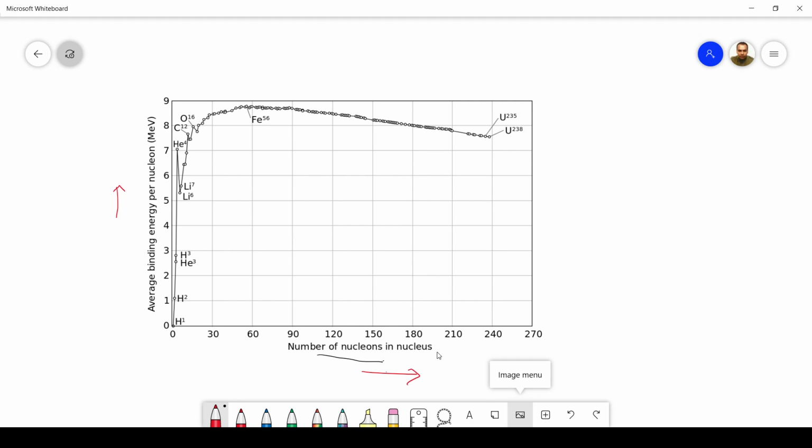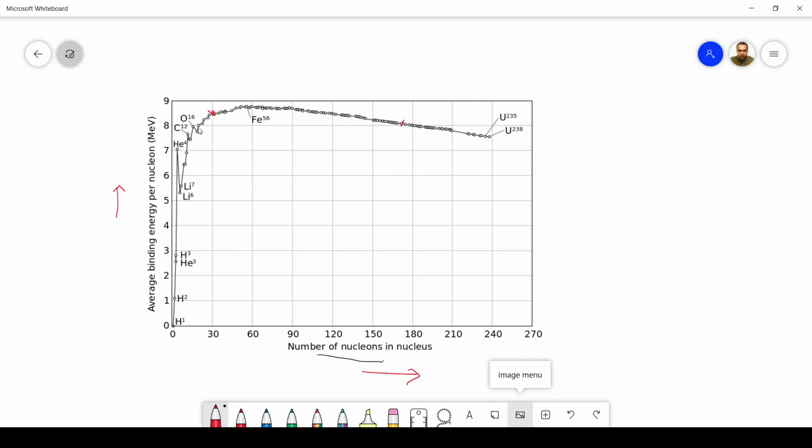Between the numbers 30 and around 170, 170 will be somewhere here, and 30 is here. In this range you can see the binding energy per nucleon is almost constant.